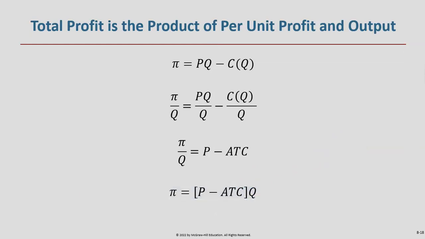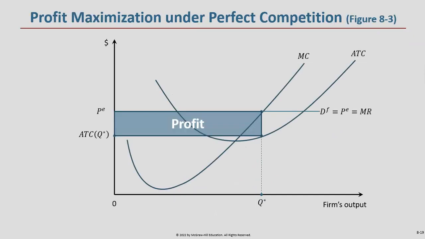Okay, so graphically, that tells us that the amount of profit earned is the area of the rectangle that has a height of price minus average total cost. Per unit profit is on the vertical axis, and then output is on the horizontal axis.